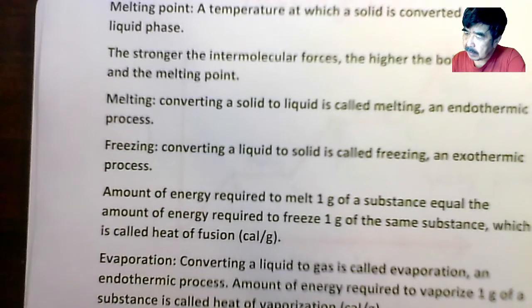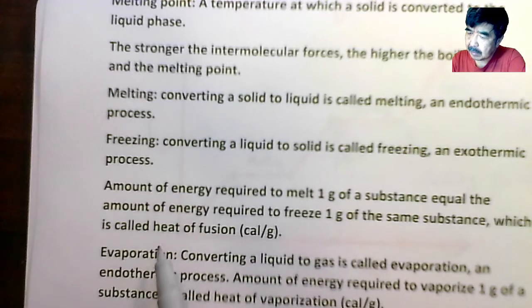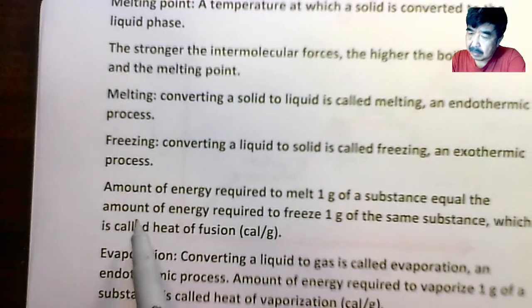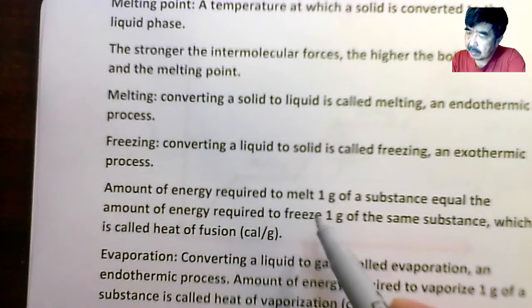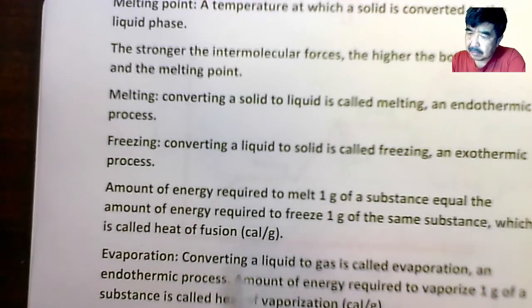Let's define a term called heat of fusion. The amount of energy required to melt 1 gram of substance equals the amount of energy released when freezing 1 gram of the same substance.